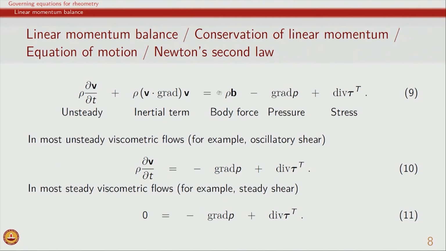So, we can look at the overall equation of motion and we know that inertial terms will be insignificant for most rheometric flows, and depending on whether it is an unsteady or steady flow, we have the time derivative of velocity being 0 or non-zero. And so, quite often we are mostly interested in looking at the divergence of the stress tensor.